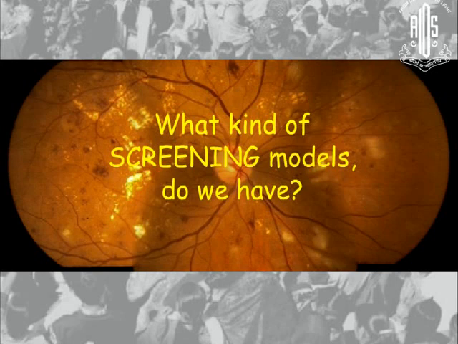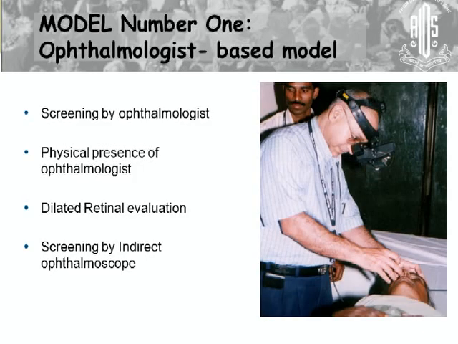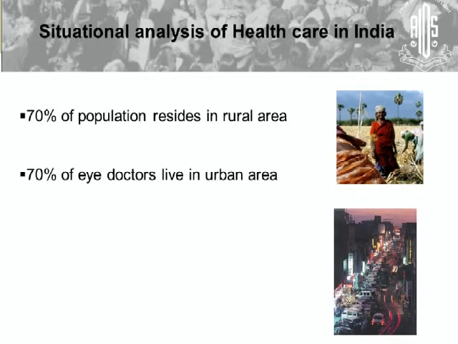We have two types of models for screening. We have what we call the ophthalmologist-based model, where the screening is done by the ophthalmologist. His physical presence is required. He does a dilated retinal evaluation, and the screening is done by indirect ophthalmoscopy. But as the previous speakers have told, there is a big difference as far as doctor-population ratio is concerned in rural areas.